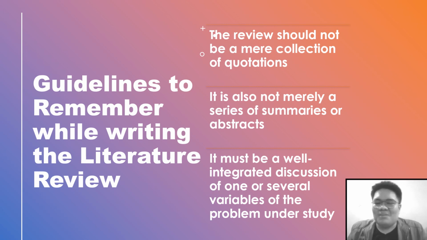Okay? It must be a well-integrated discussion of the several variables of the problem under study. Let's say, for example, knowledge about dengue fever. I could not say knowledge in China is high, knowledge in the Philippines is high, knowledge in Brunei is high, knowledge in so-and-so is high. That's just enumeration. No. Instead, for example, in country X, the knowledge of dengue fever was found to be high, according to the study of Porke in 2020.